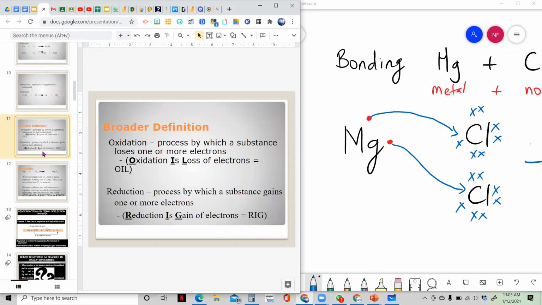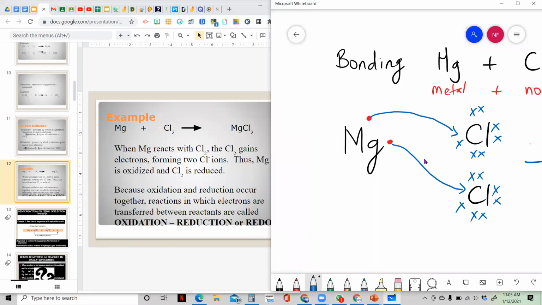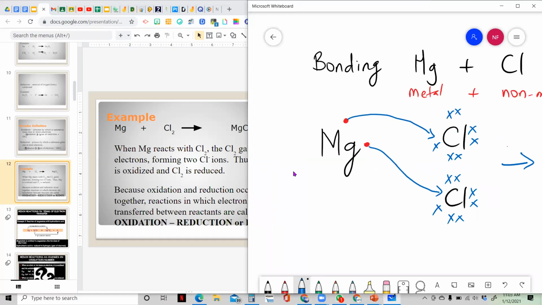Our example was the bonding between magnesium and chlorine. So we have just done the bonding diagram here. Which species actually lost electrons?